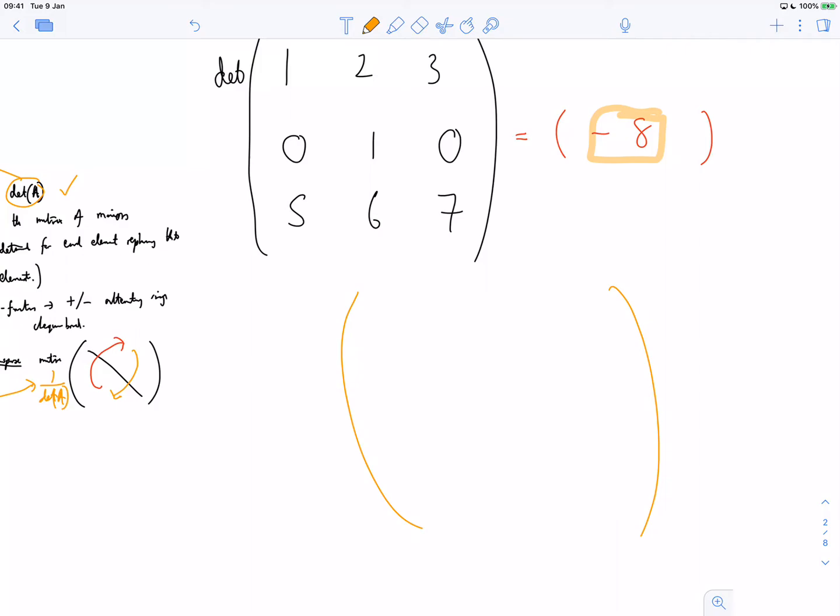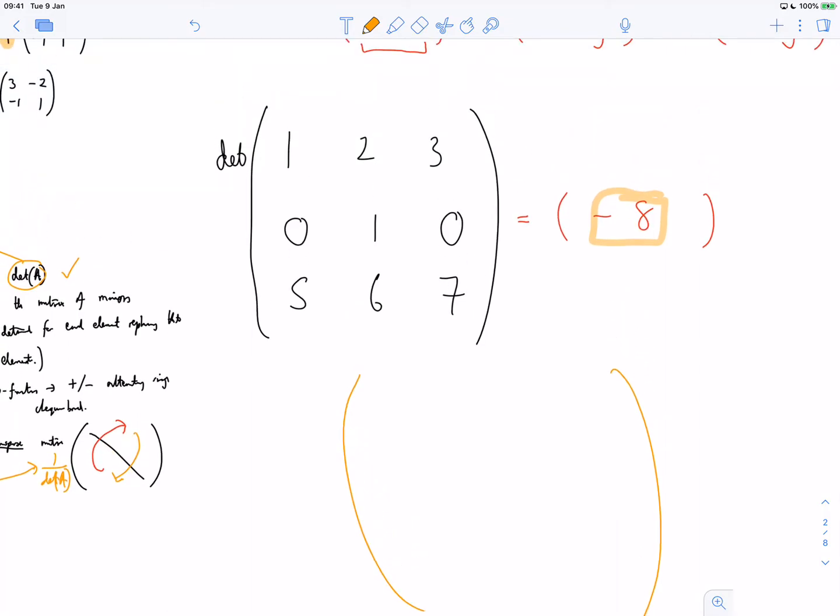So imagine for this element, we cross out the row, cross out the column, and we consider the determinant of this thing. So it'll be 1 times 7 minus 6 times 0. So that will just be 7. So I'll put a 7 up here.